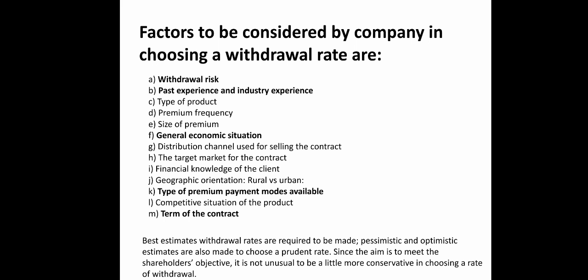So it has to be done with a very conservative mindset, where you need to be a little bit hard on your estimations. These need to be a little bit pessimistic, and pessimistic observations are taken as a good indicator, like you're taking more of the negative side, and in this line keeping higher withdrawal rates and accordingly pricing your product is considered an ideal approach.